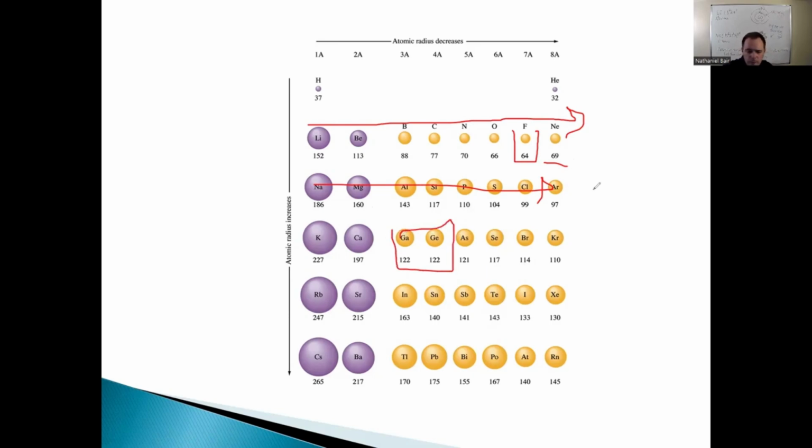It didn't get smaller. As you go down, in general, they get bigger, right? So hopefully, you can see that trend. And by the way, these numbers are in, I believe, angstroms, which are like 10 to the minus 12th, maybe, of a meter.